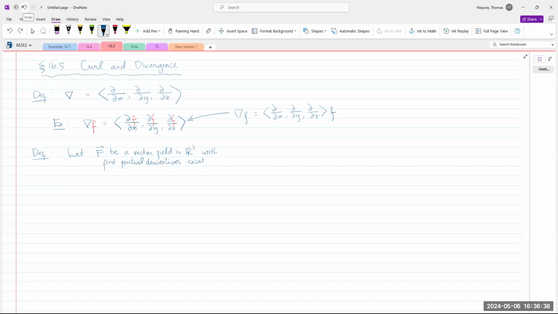So the divergence of F, denoted by gradient dot the vector field F. Therefore, we can write it this way. This is ∂/∂x, ∂/∂y, ∂/∂z dot F.